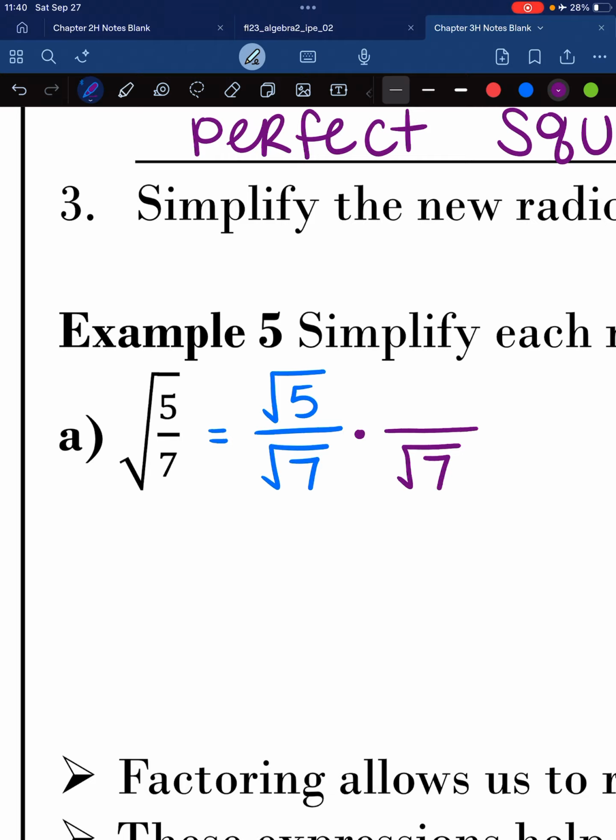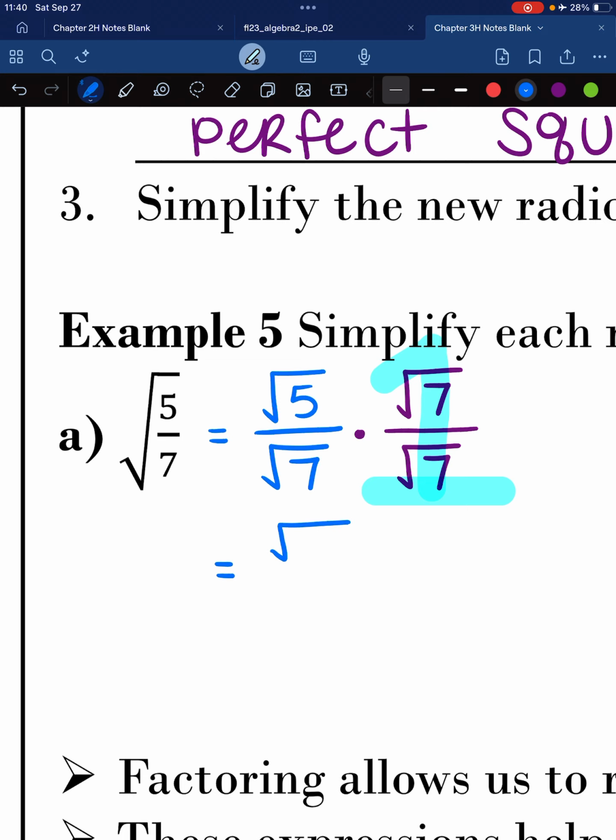So if I multiply by the square root of 7 over the square root of 7, okay, this is just a big old giant creative version of 1, right?